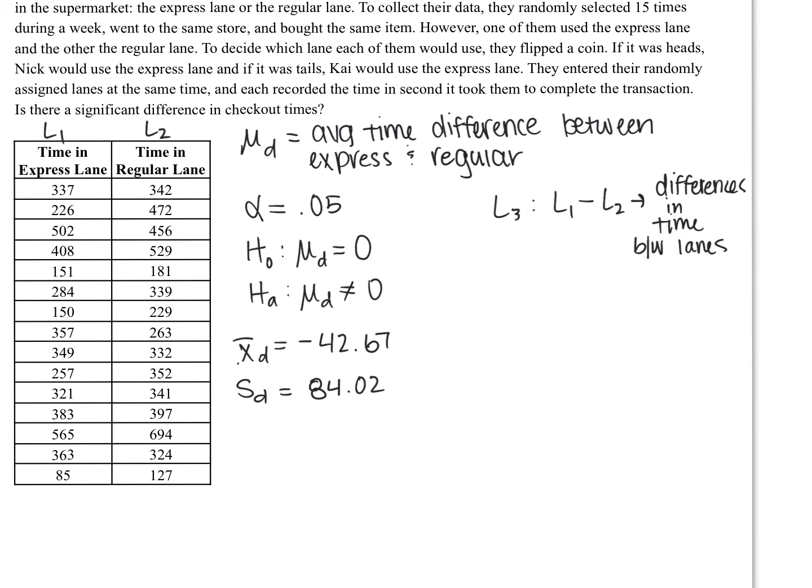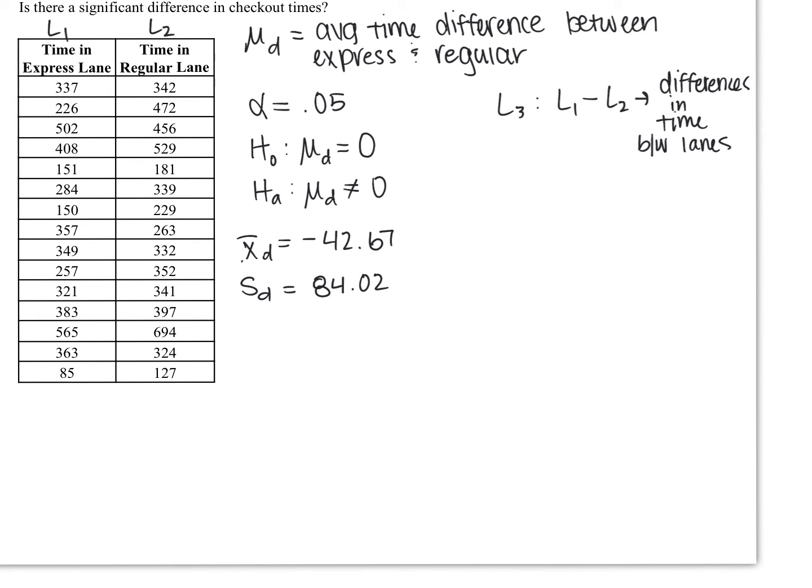Okay, so now we're going to check our conditions. So for random, the 2 kids did randomly select the times they were going to go and the lanes they were assigned to. So random time and lanes. Independent.